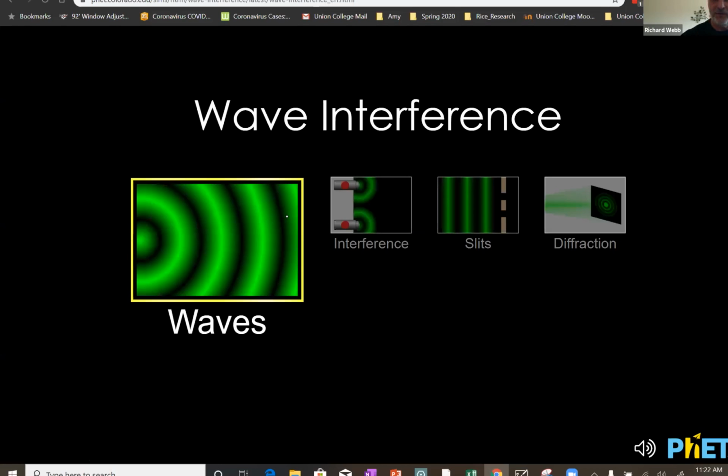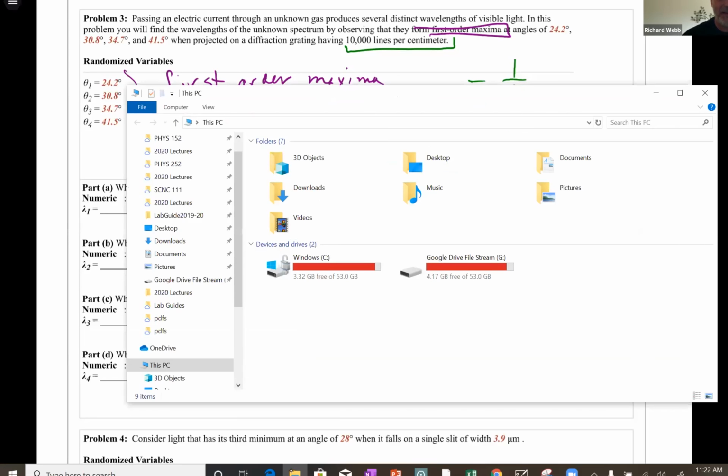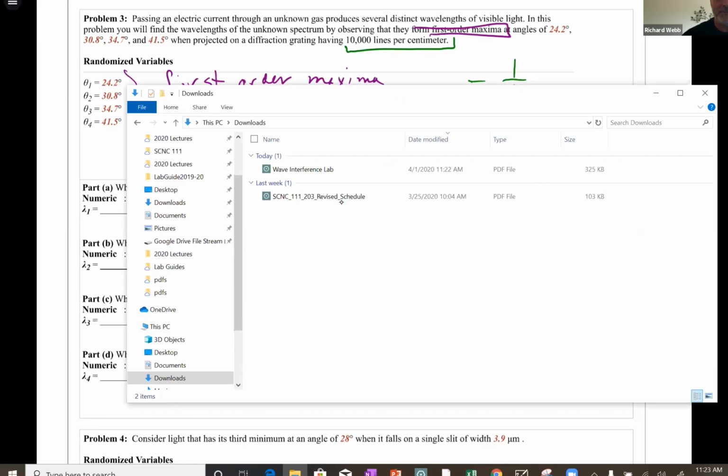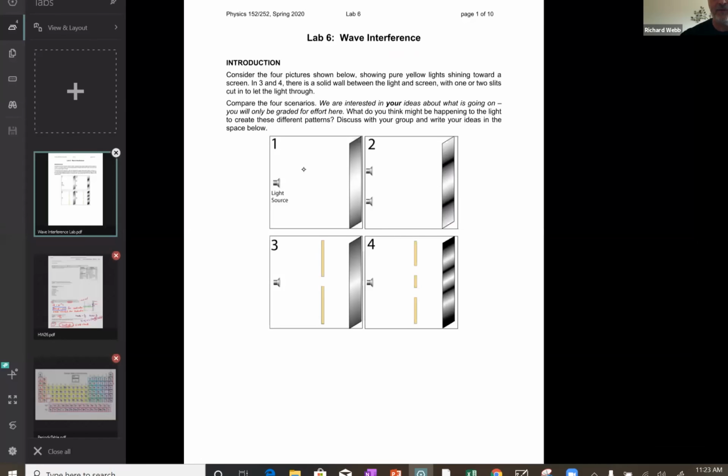Okay, so going to our instructions. Nope. I've got to open the instructions apparently separately. Downloads. Okay, so here's our instructions.